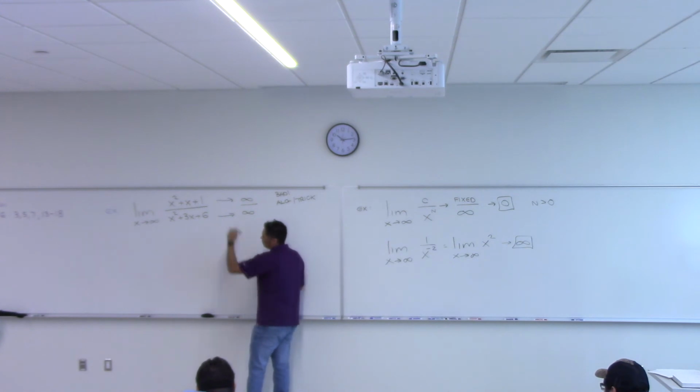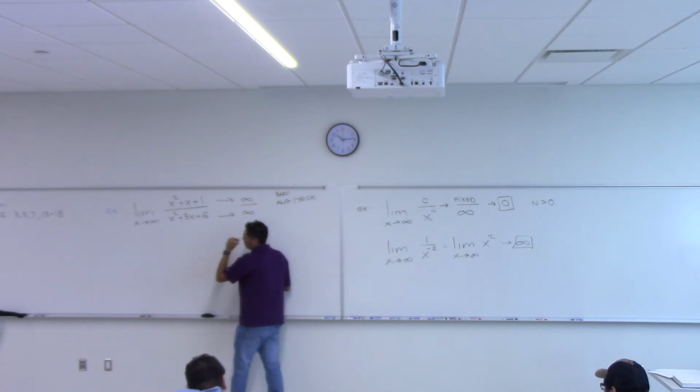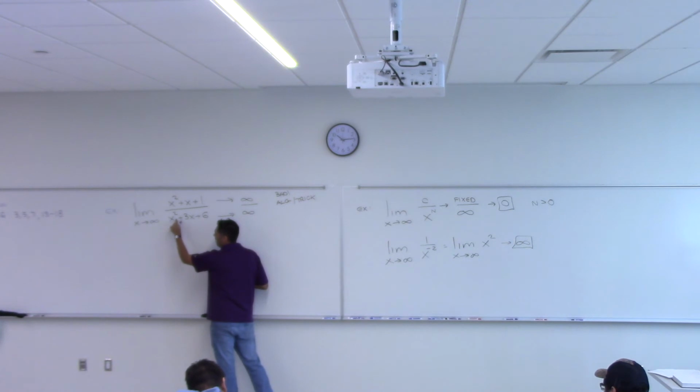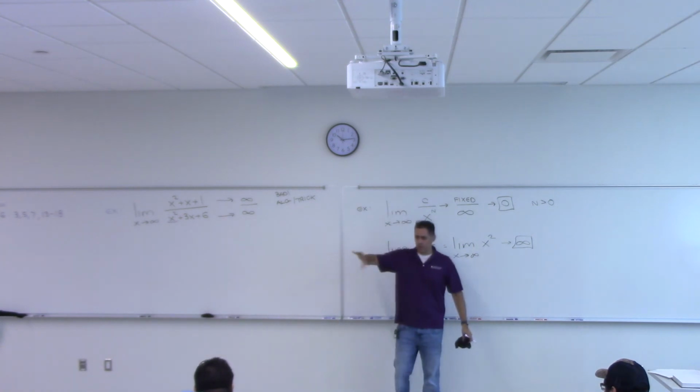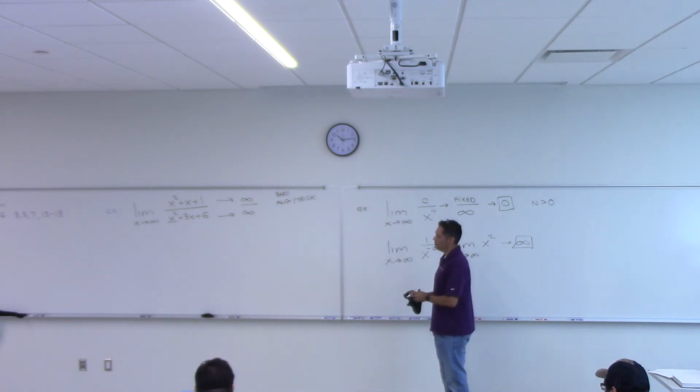You look at the expression, you look at the denominator, and you find the highest power of x that you see. I see an x squared down there, right? This is the standard approach. Let me go through it, and then hopefully it'll start to make sense after I do a few of these.